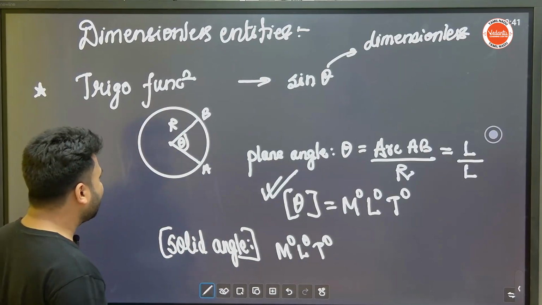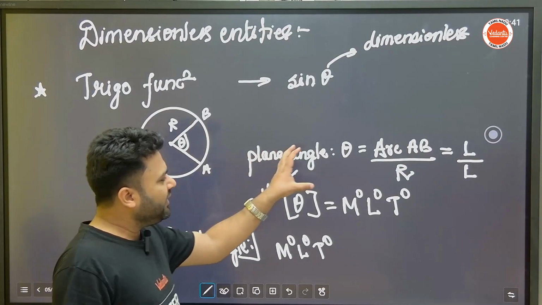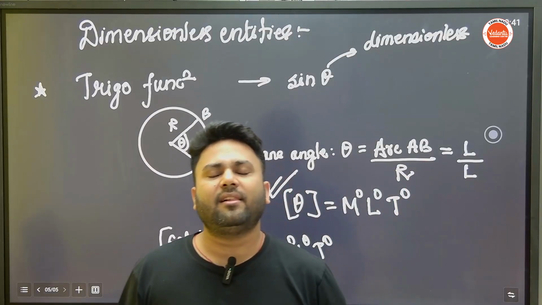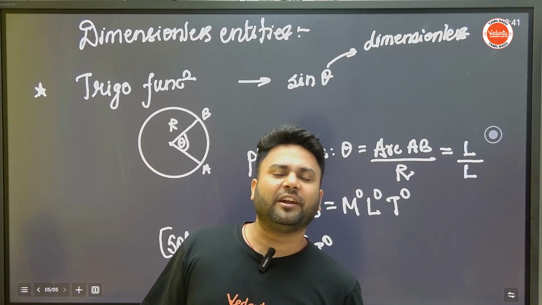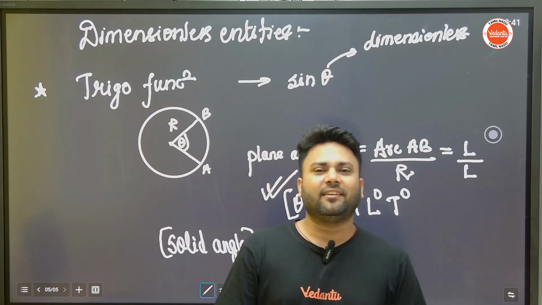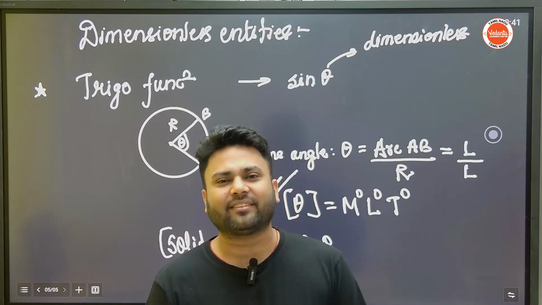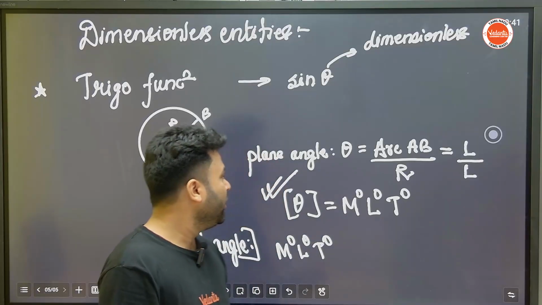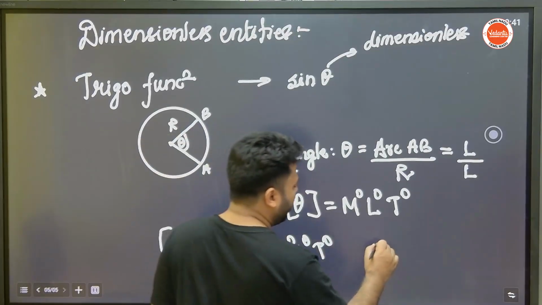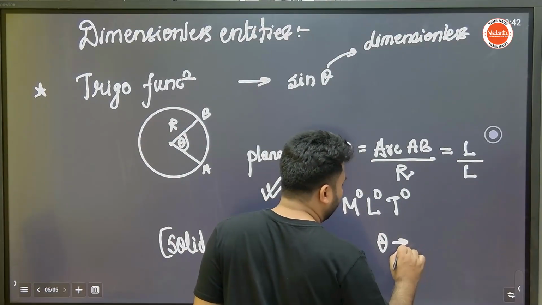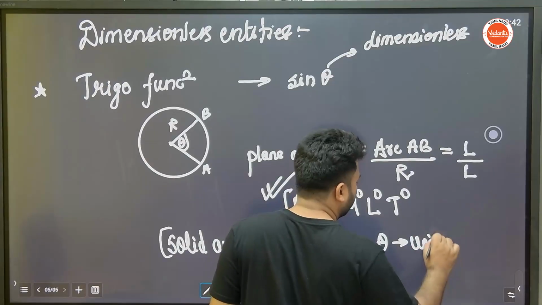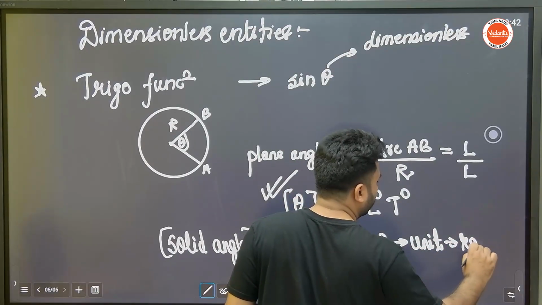But if someone asks whether we have a unit of angle? Yes. Degree, radian. If I ask what is the SI unit of angle, you will say radian. So for this plane angle theta, the SI unit is radian.